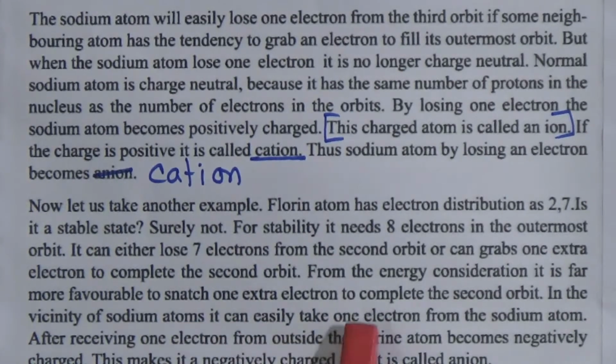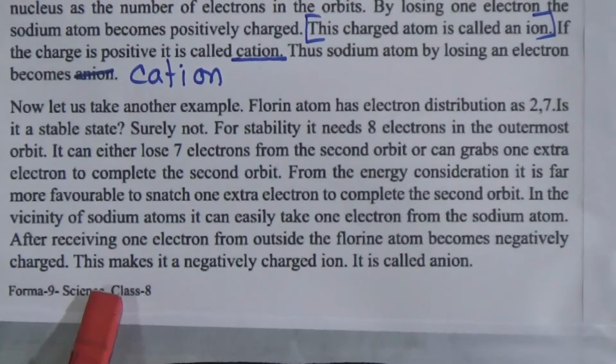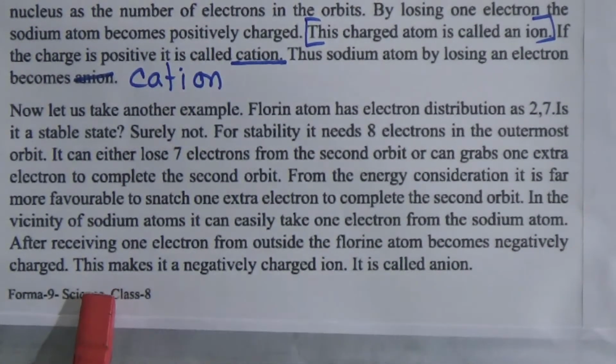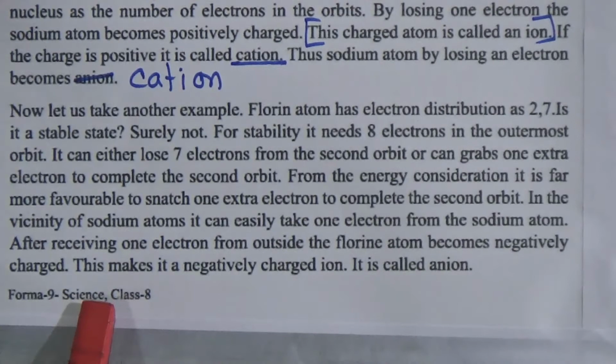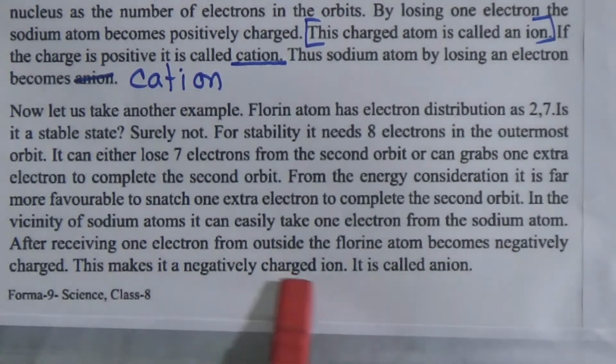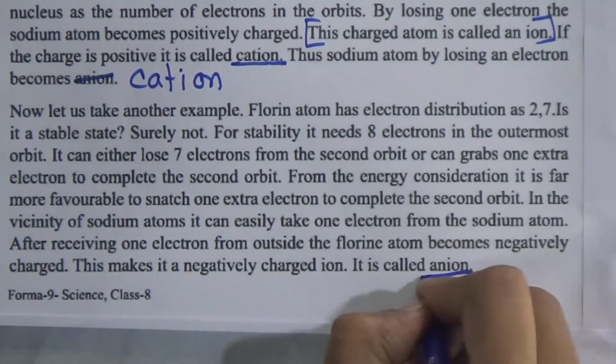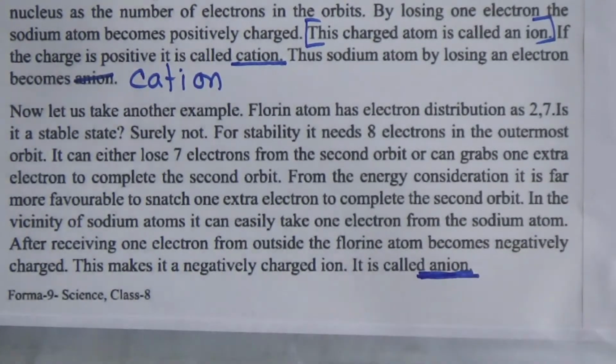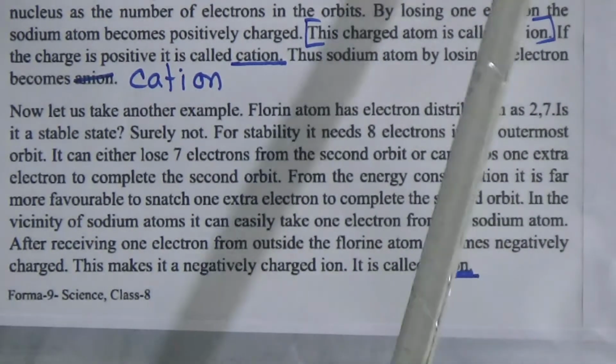It can easily take 1 electron from the sodium atom. After receiving 1 electron, the outer side of the fluorine atom becomes negatively charged. This makes a negatively charged ion, it is called anion. Positively charged ion is called cation and negatively charged ion is called anion.